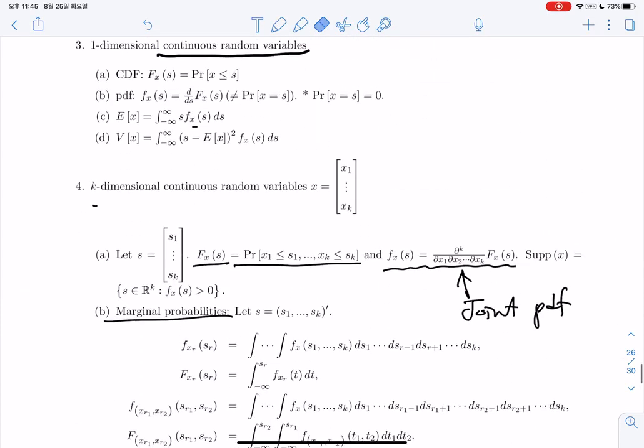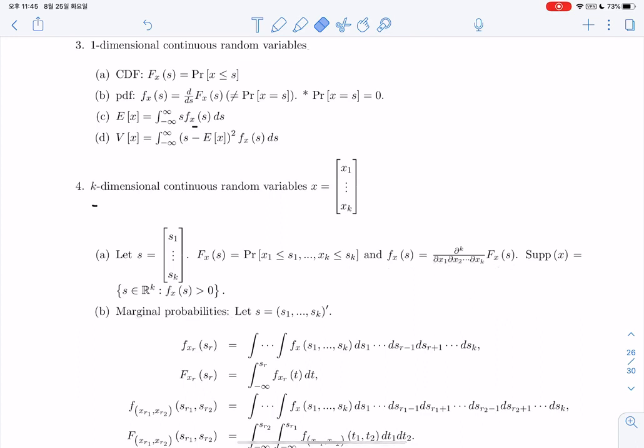One thing that you have to keep in mind is a multivariate random variable can be continuous in one coordinate and discrete in other coordinates.